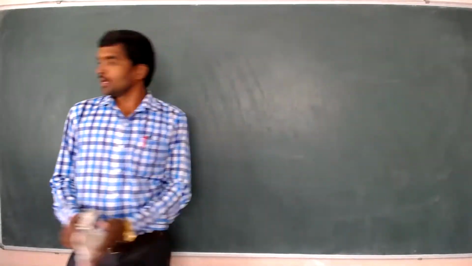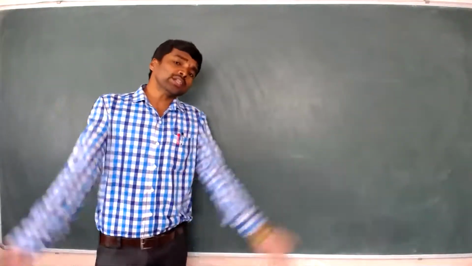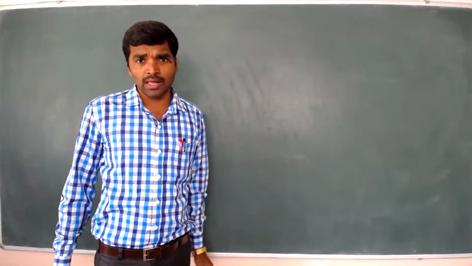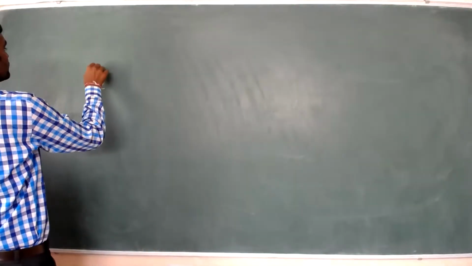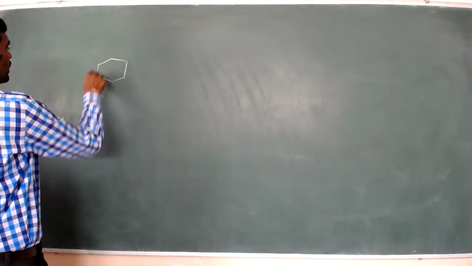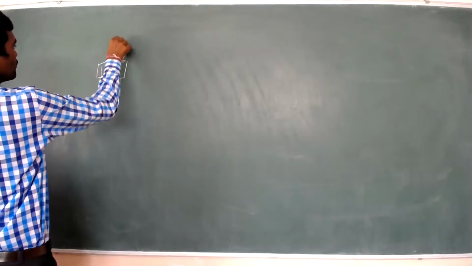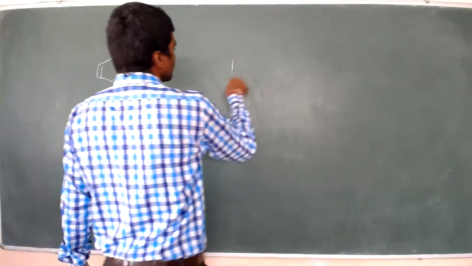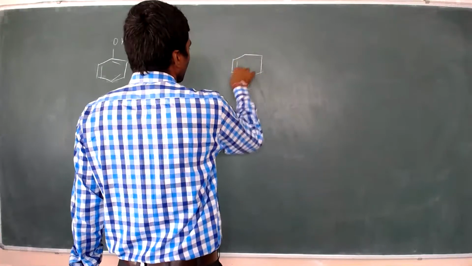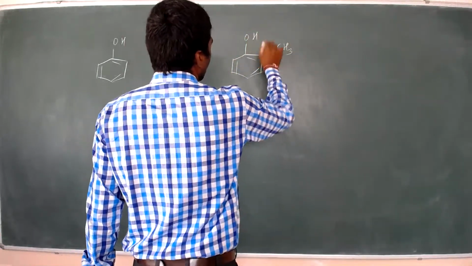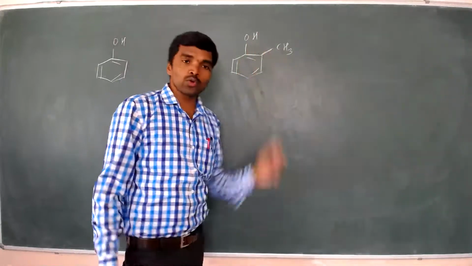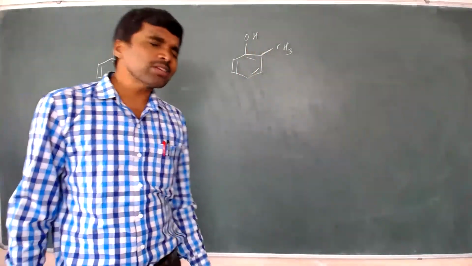Next, what happens if electron donating groups are present? That we will also see. Here again I am taking phenol and benzene with OH and CH3 groups, which is called cresol.